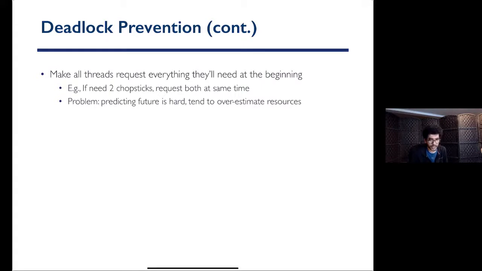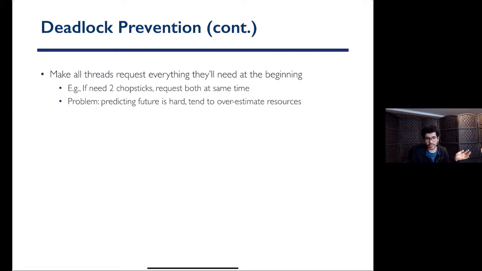For example, in the dining politicians example, you can say that I'm not going to allow people to pick one chopstick first or one fork first and then the second fork next. They have to pick them both at the same time. And if you don't have both, then you're not supposed to touch the one, right? This way you're preventing deadlock from happening.